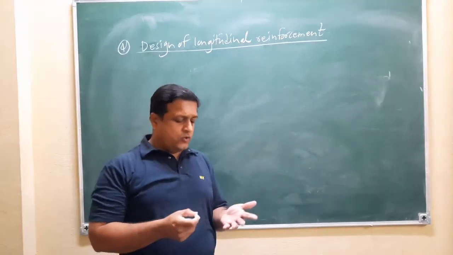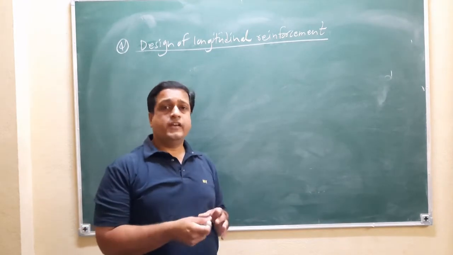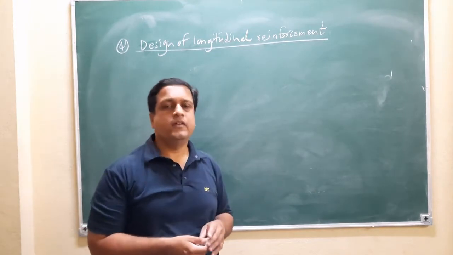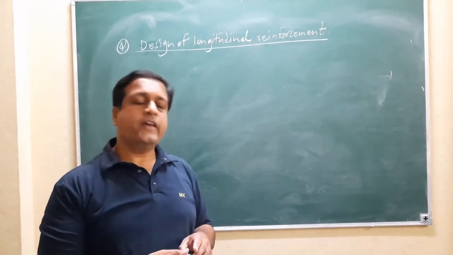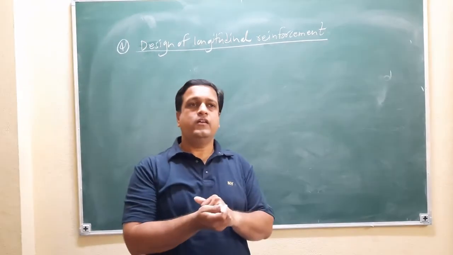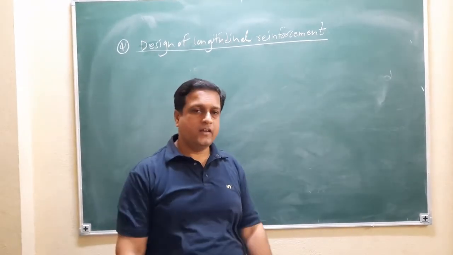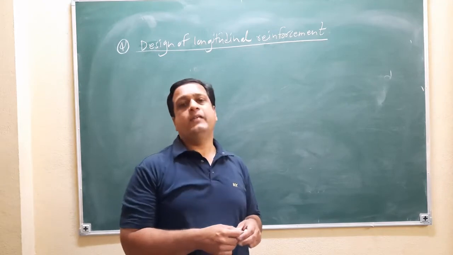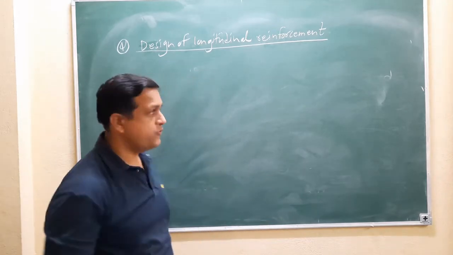Okay, so longitudinal reinforcement is the horizontal reinforcement at bottom and top. So for design of a longitudinal reinforcement, the first requirement is bending moment. So for equivalent bending moment, you have to design the longitudinal reinforcement.